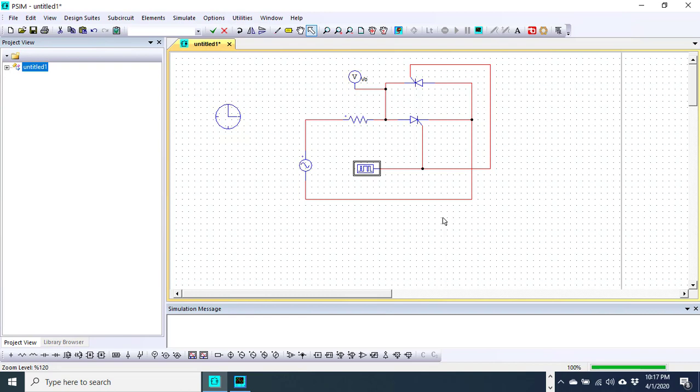Let's suppose an application of these devices is when somebody wants to control the speed of a fan. It can also be used if we want to control the light intensity of a light bulb. This system can be used over there.